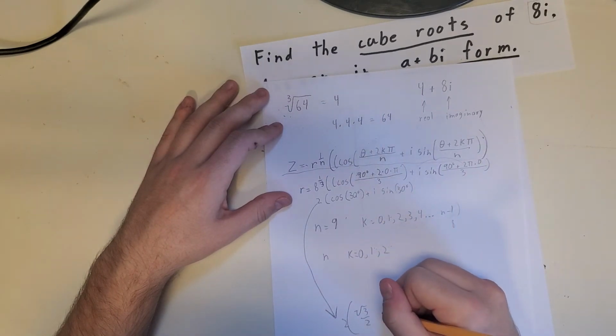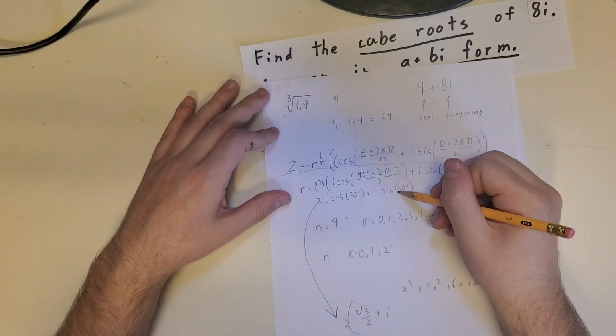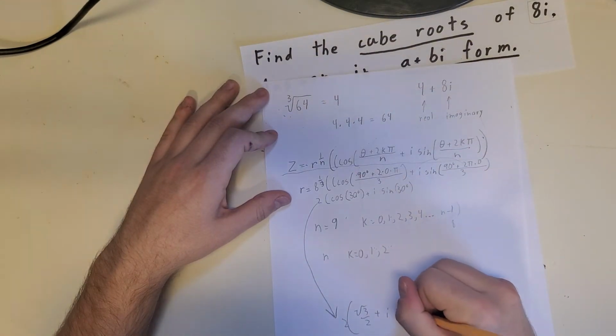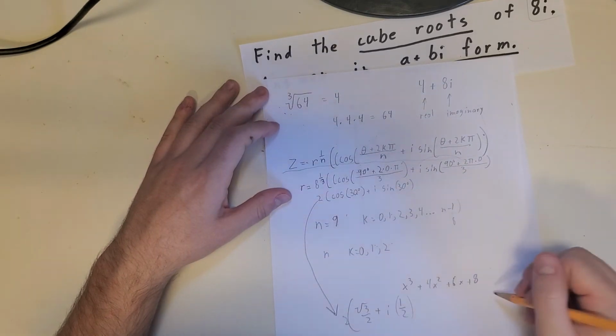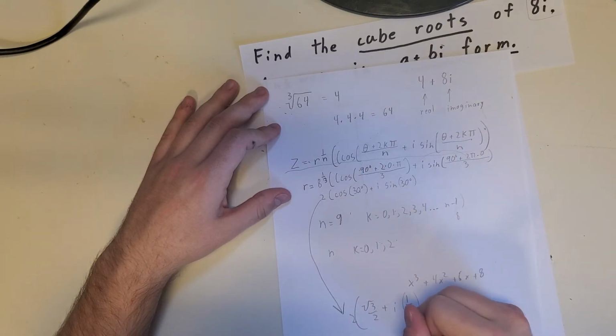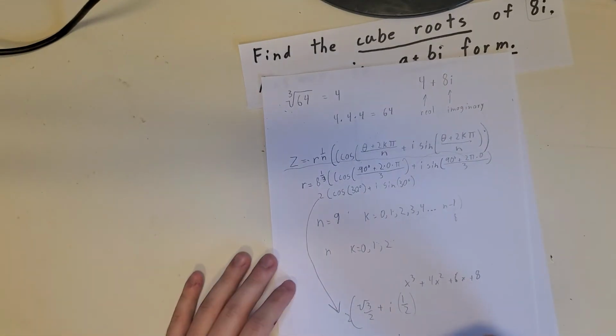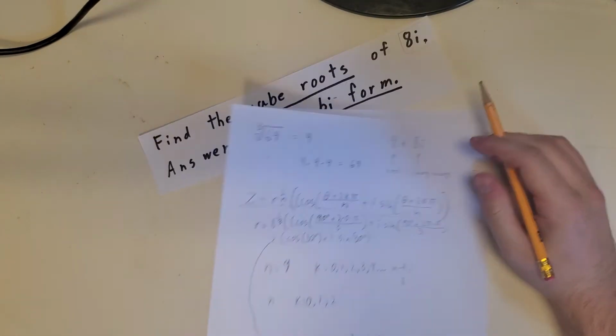And then plus I times sine of 30 degrees. Oh, you know, it's 1/2. And then we're going to distribute our 2 here to give us root 3 plus I. And that's going to be the first root of our expression 8i.